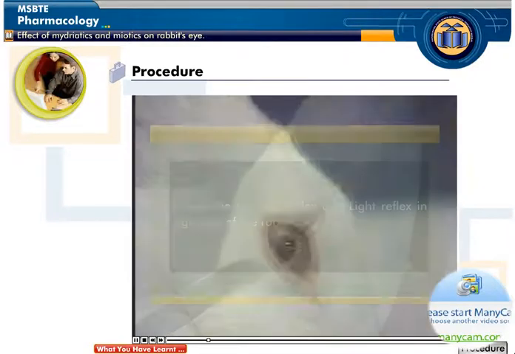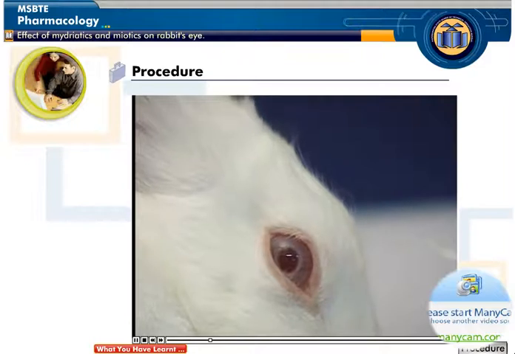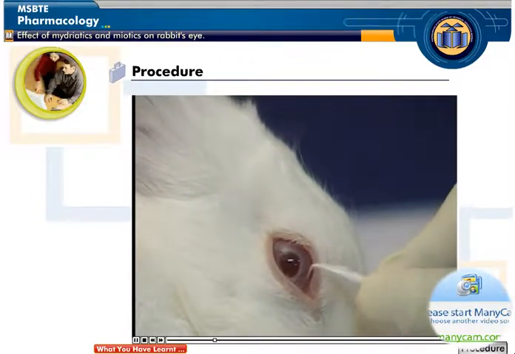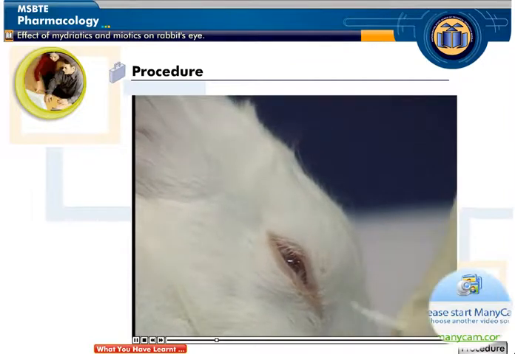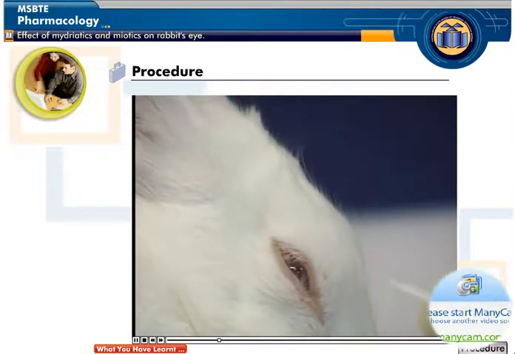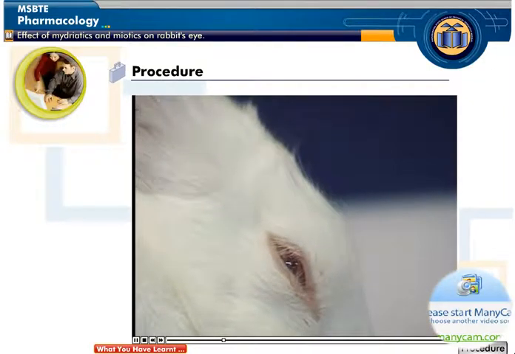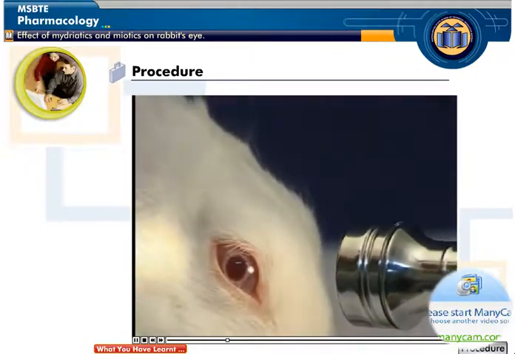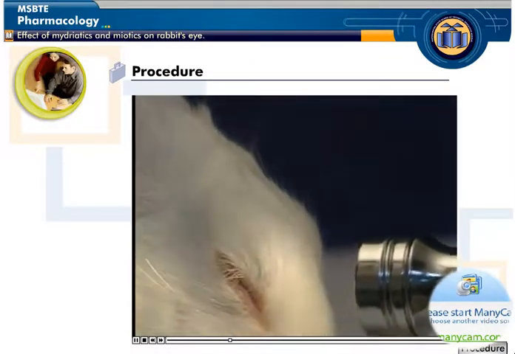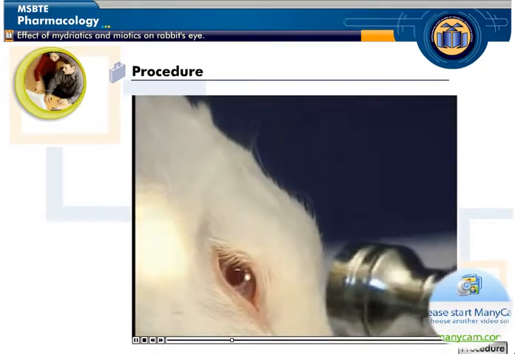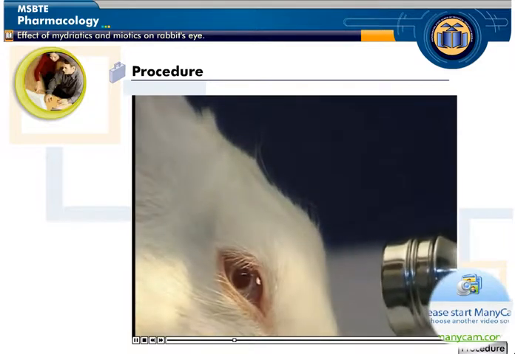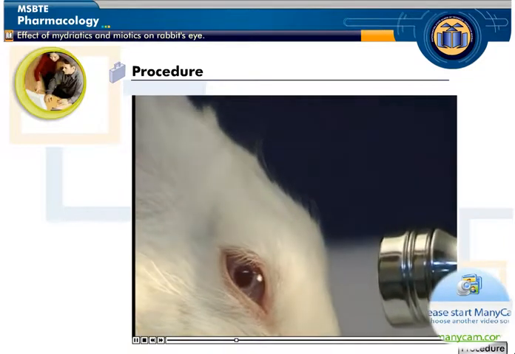Touch the cornea of the rabbit's eye with a cotton wick. The rabbit blinks the eye. It means that the corneal reflex is present in the right eye. Focus the right eye with a beam of light from a pen torch and observe the blinking of the eye.